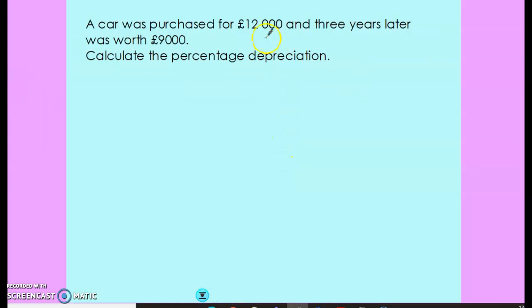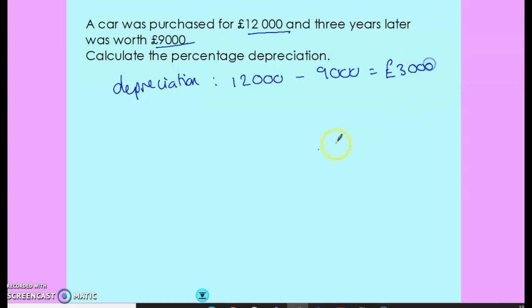Next one, car was purchased for 12,000. 3 years later, it was worth 9,000 even. Calculate the percentage depreciation. So actual depreciation is how much it's gone down by. Started at 12, went down to 9, so it's depreciated by 3,000.